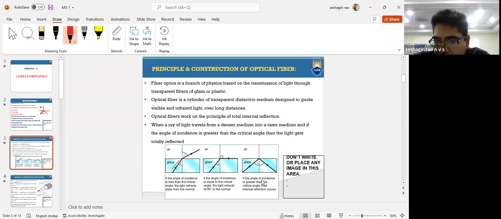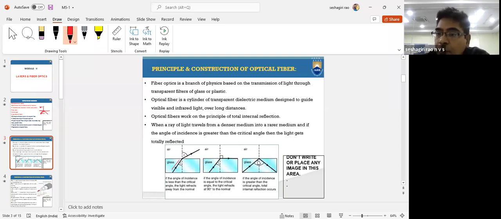That is what we are writing: if the angle of incidence is greater than the critical angle, then total internal reflection occurs, right? That means internal reflection occurs into the same medium.